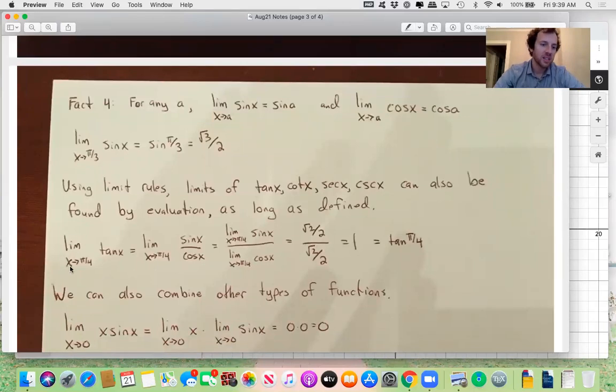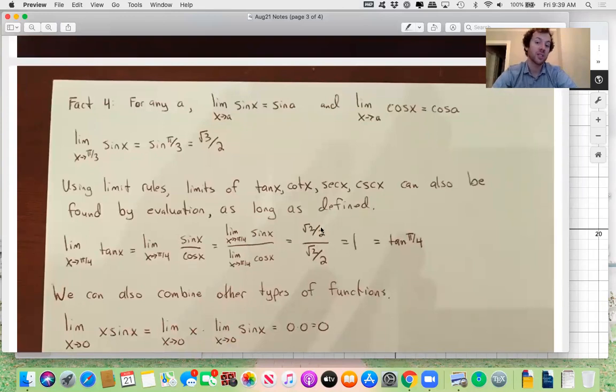So if we want to find the limit of x goes to pi over 4 of tangent of x using these limit rules, well, the first thing is tangent is equal to sine over cosine. The limit rule says, oh, you're taking a limit of a fraction, find the limit of the top and bottom separately. Once you have those, divide the numbers that you get. If you check the unit circle, pi over 4, that's 45 degrees.